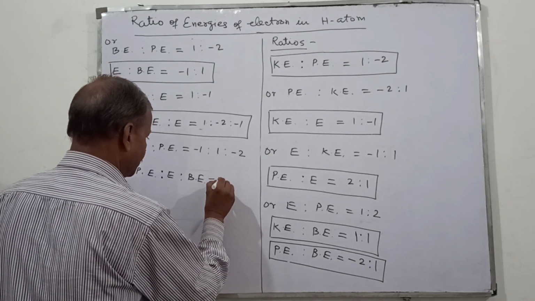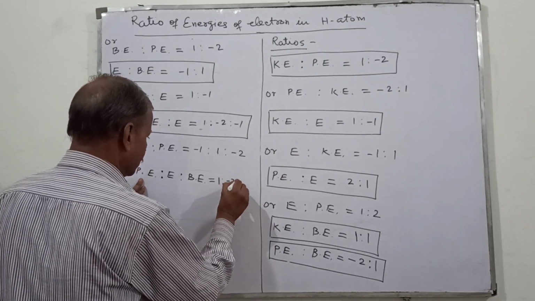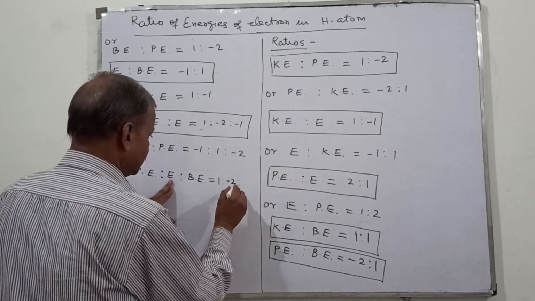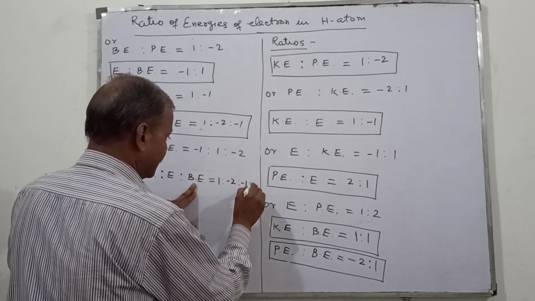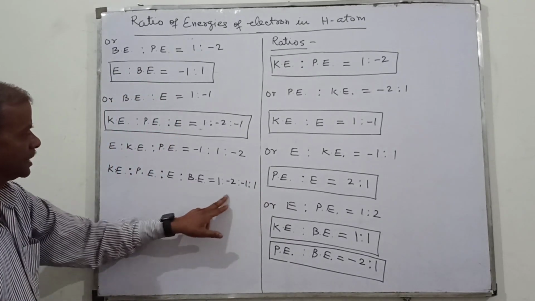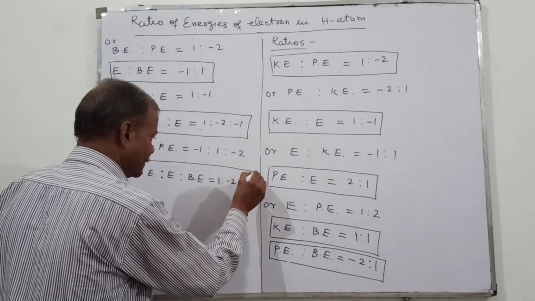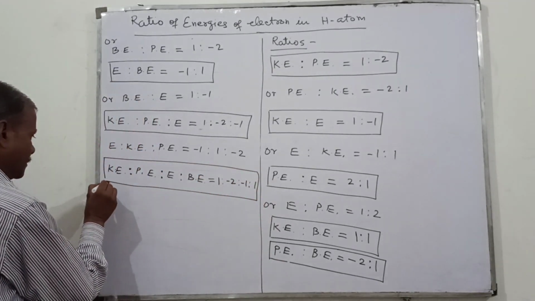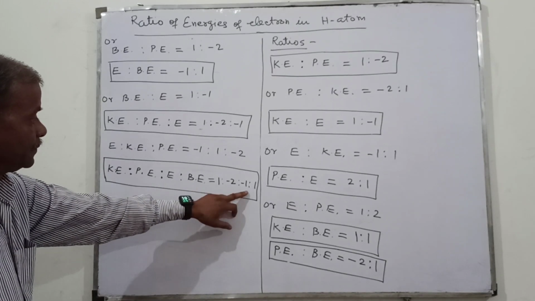Kinetic energy is positive, potential energy is minus 2, total energy is minus 1, and binding energy is 1. If we change the order, this will also change.